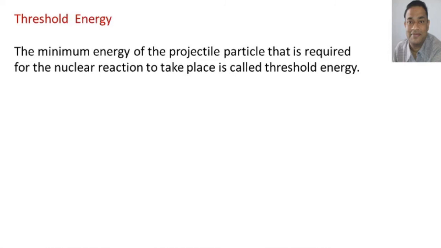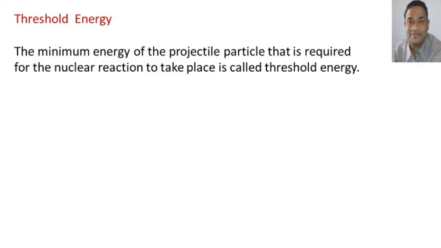So next we see the concept of threshold energy. We have seen that when a highly energetic projectile is incident on the target nuclei, we get product nuclei and product particle. But this does not take place all the time. There is some limitation with respect to the energy of the projectile particle.